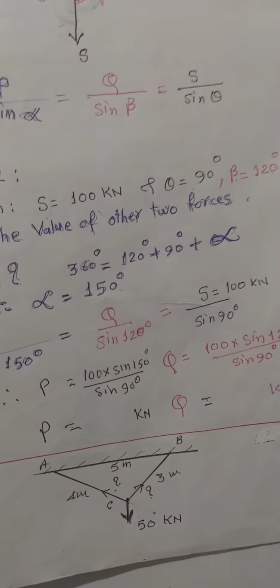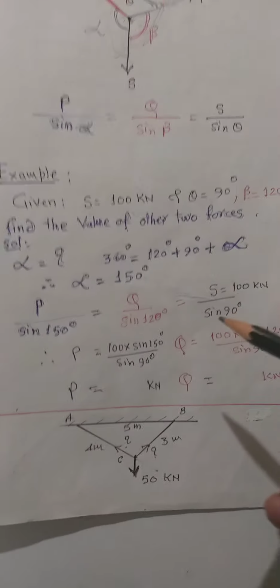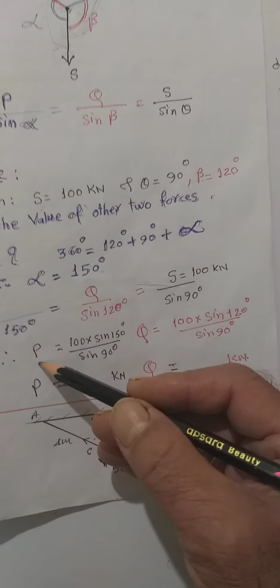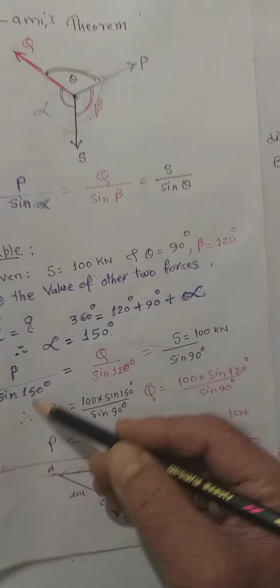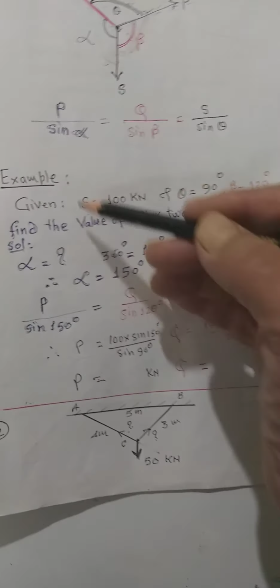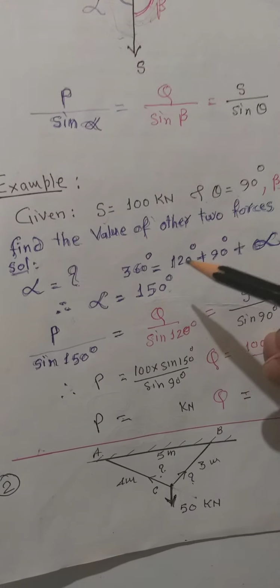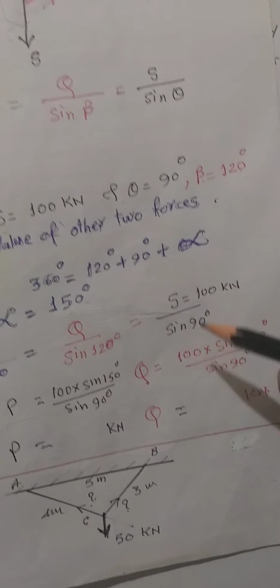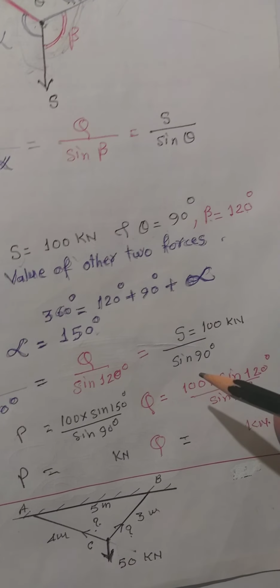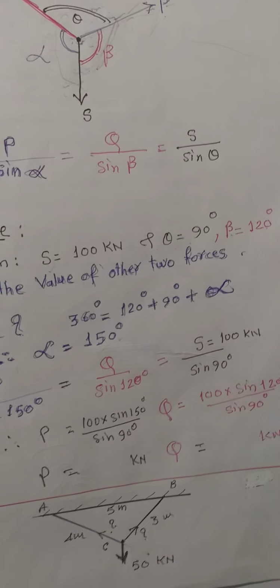Once you know the value of this, then the problem becomes very simple. You can write that P upon sine of 150 is equal to Q upon sine of 120 and S, which is given, upon sine of 90 degrees.